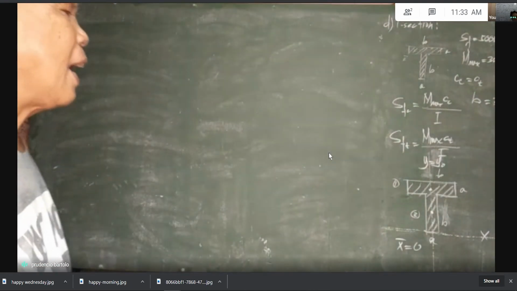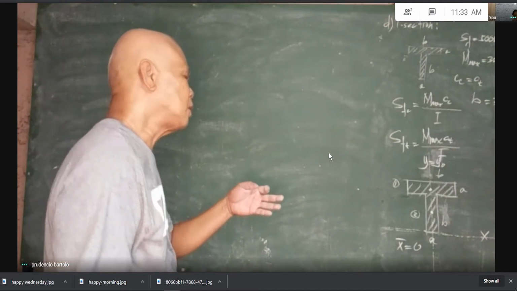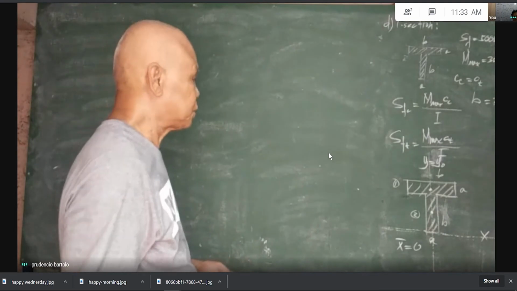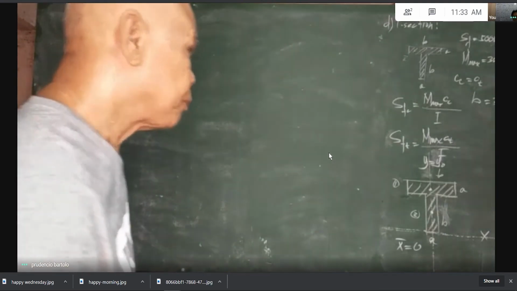What we are going to establish now is the location of the centroidal axis along the x.